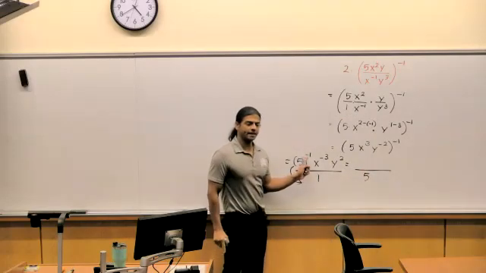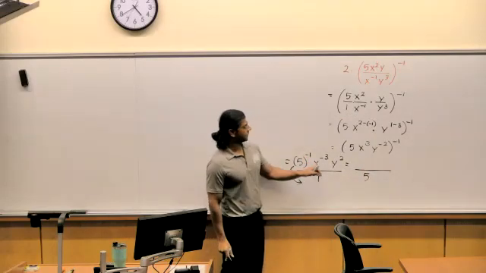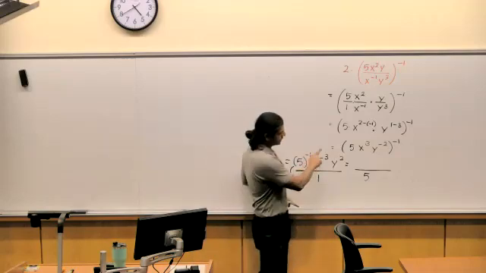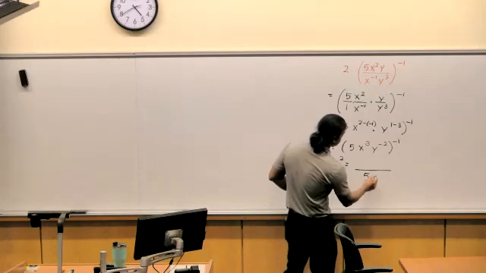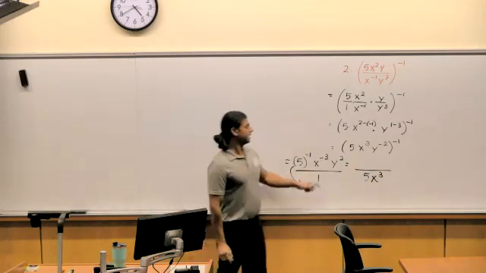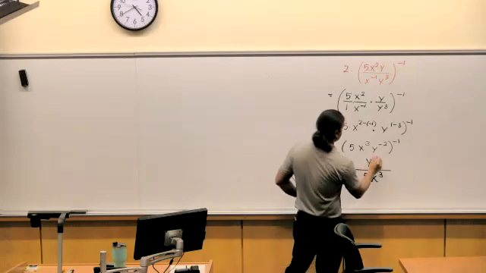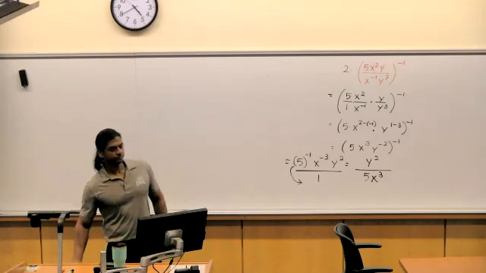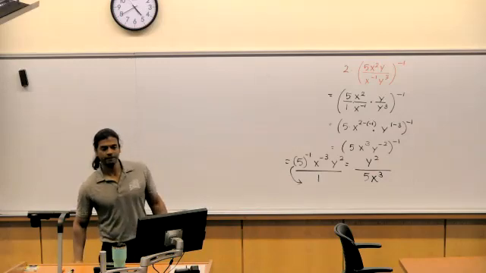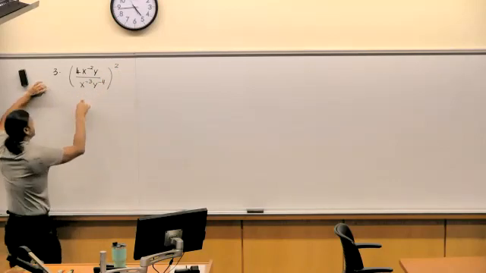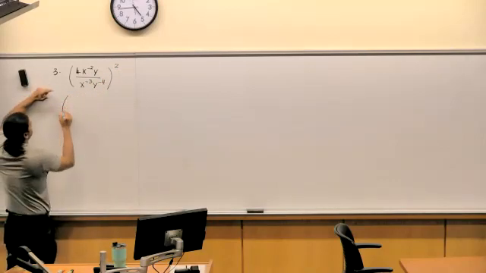Since it has a negative exponent, x raised negative 3 has a negative exponent. Move it to the denominator, I will get x raised positive 3. And in the numerator, we will have y squared. Any questions?